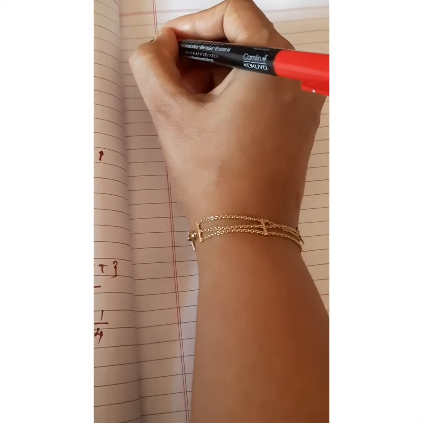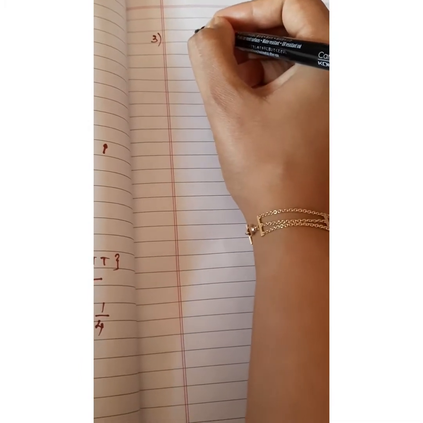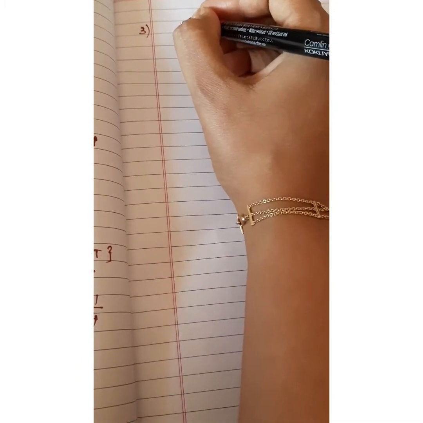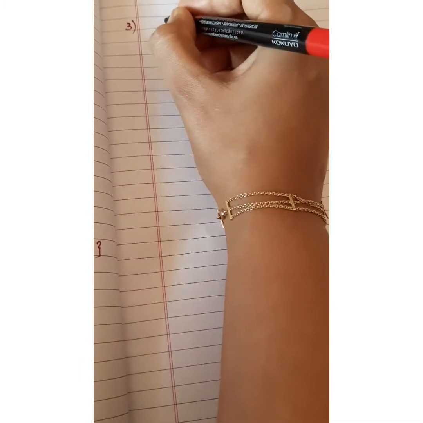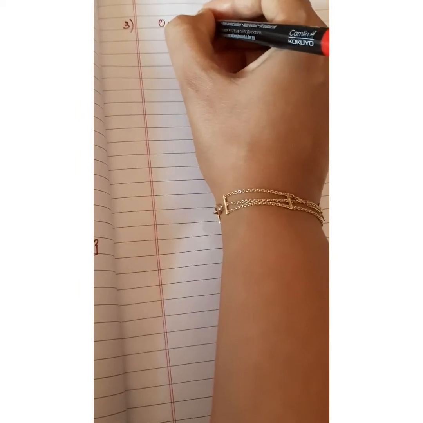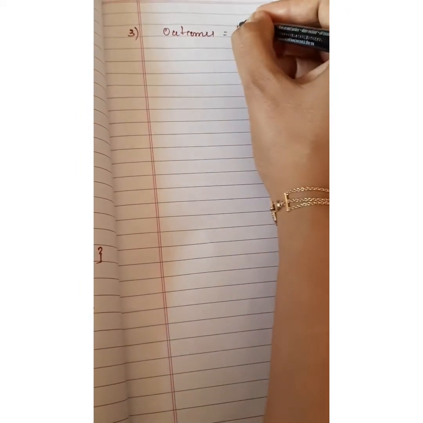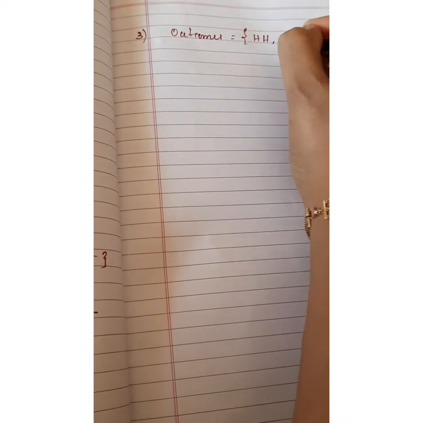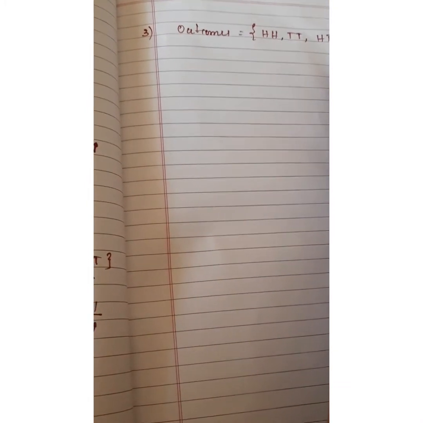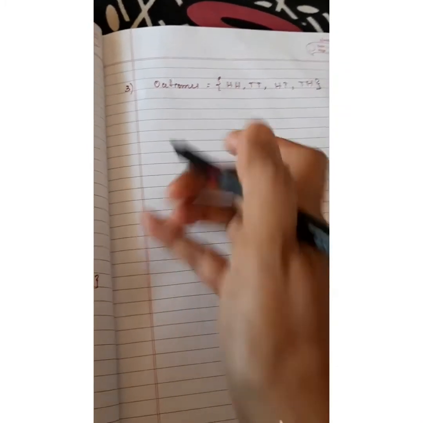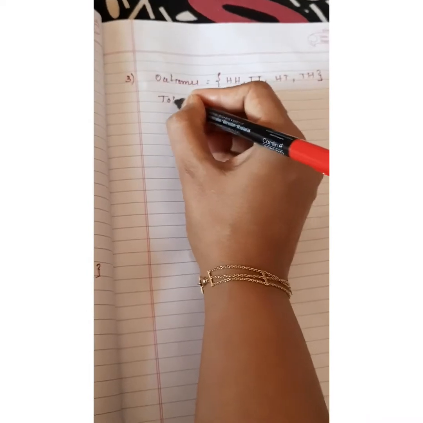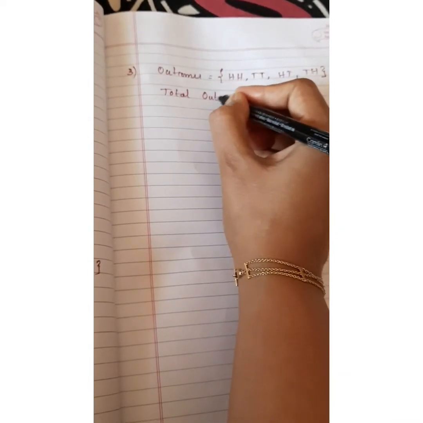Question 3. So again, if you're tossing 2 coins, we get all the 4 possibilities: head, head; tail, tail; or head, tail; tail, head. So total outcomes is going to be 4.